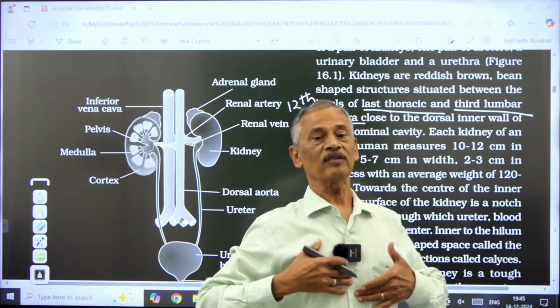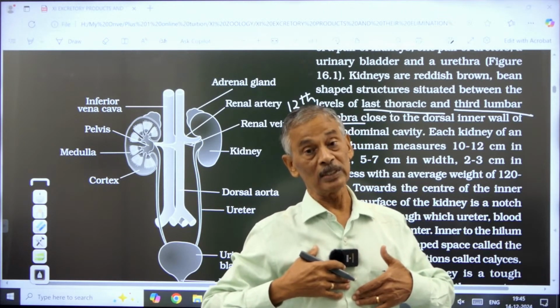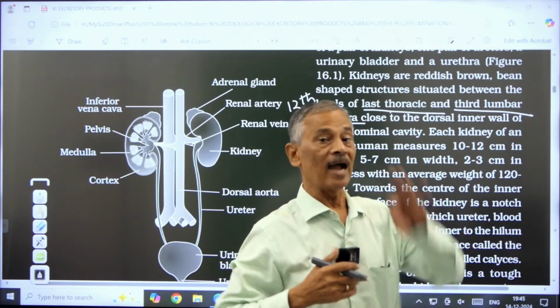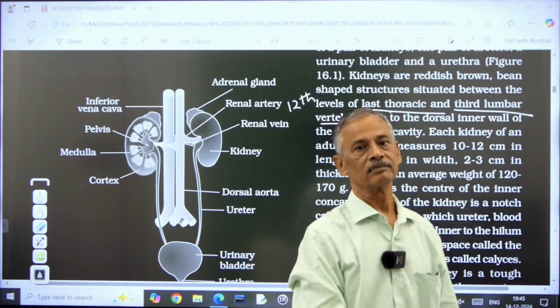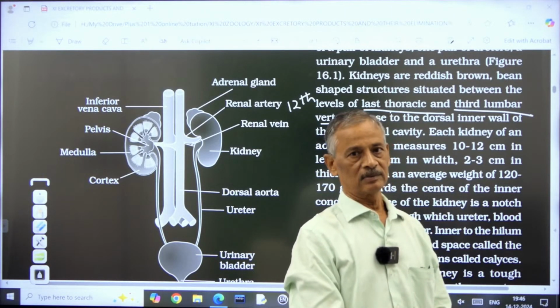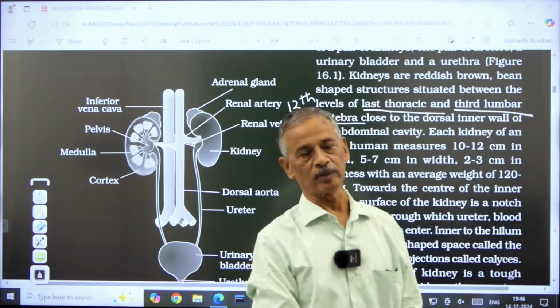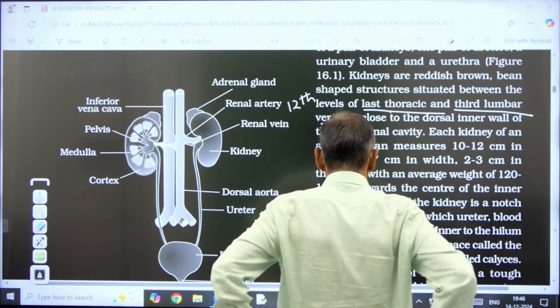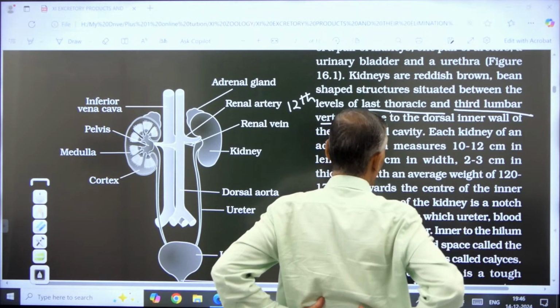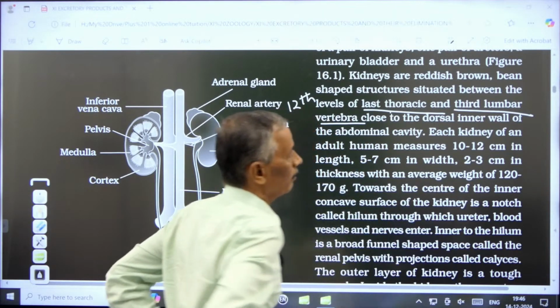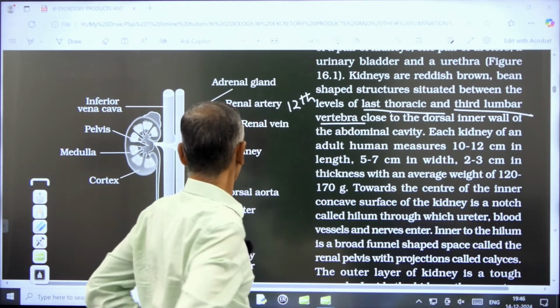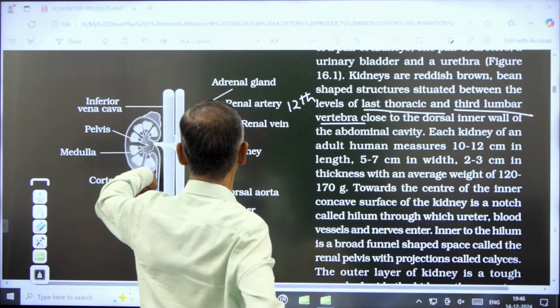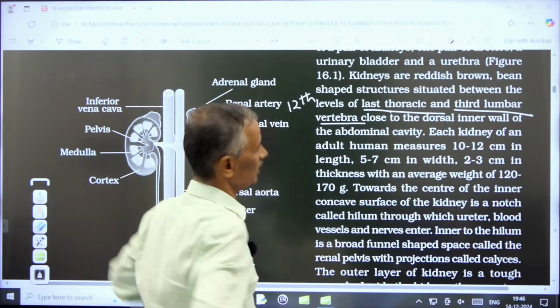So in the thorax you are having 12. Between the last thoracic and the third lumbar vertebra, on either side of our vertebral column, you are having a pair of kidneys, which are bean-shaped structures having a convexity on the outside and concavity on the inside.